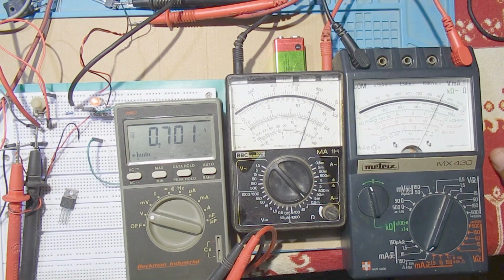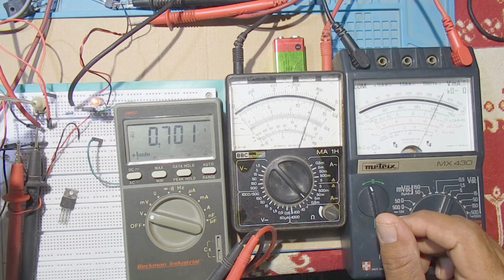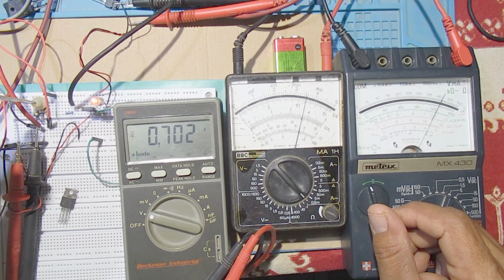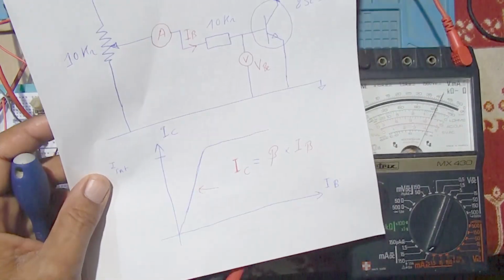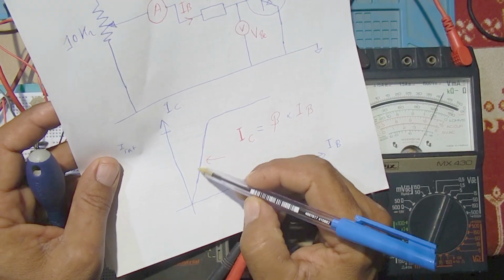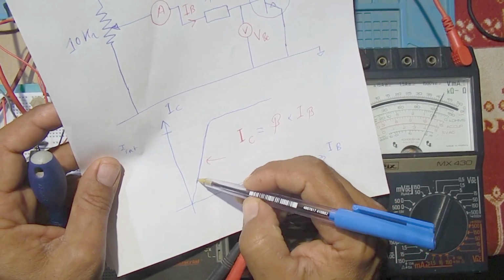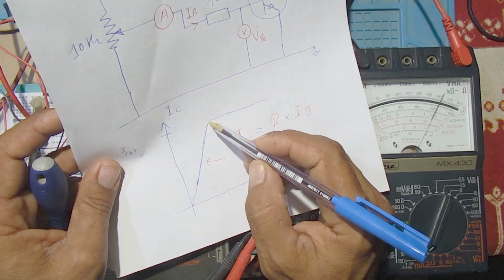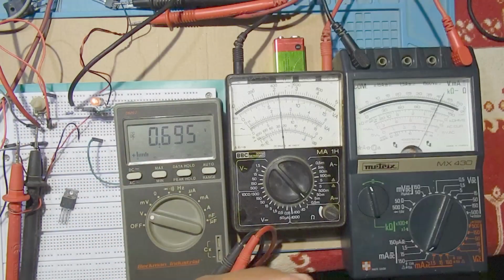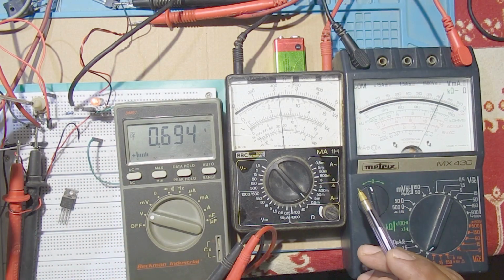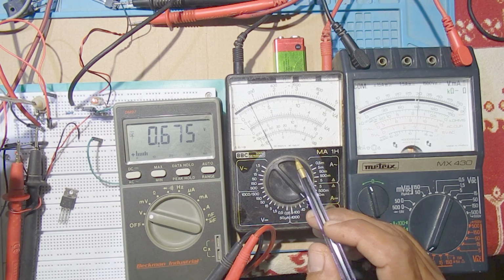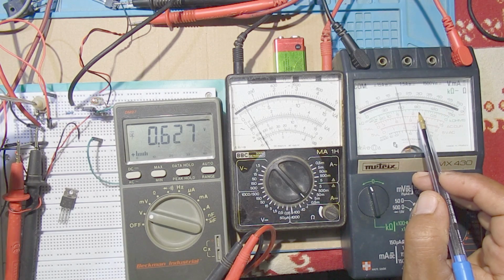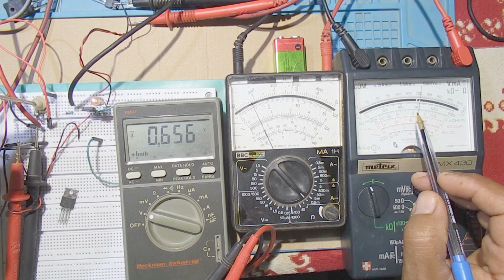We can calculate the coefficient beta, or hFE, but when we calculate the coefficient, we must take a measurement in this part of the curve, not in this region. I will decrease the IB until I have a relationship between the two currents.